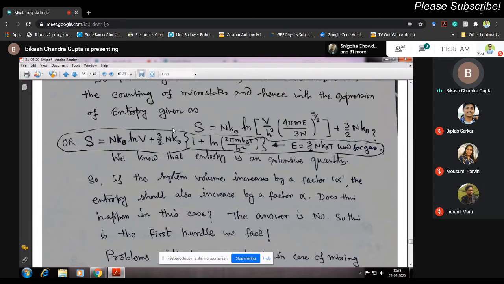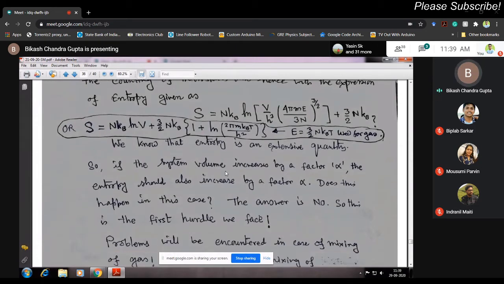And therefore the entropy, since it is an extensive quantity, should also increase by a factor alpha. But we have already seen in the last class that within the ln V, it will be alpha V, and therefore this alpha is going to disturb here. Then S is not going to be alpha times S, right? And therefore the extensivity property of the entropy fails if we take this as an ultimate expression or ultimate bridging between the microstates and thermodynamics.